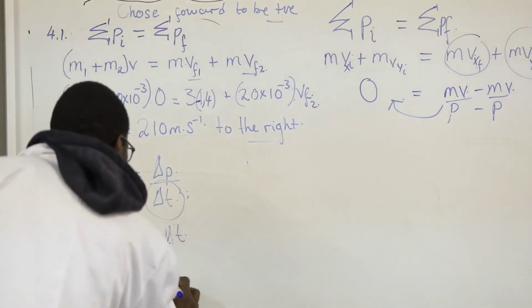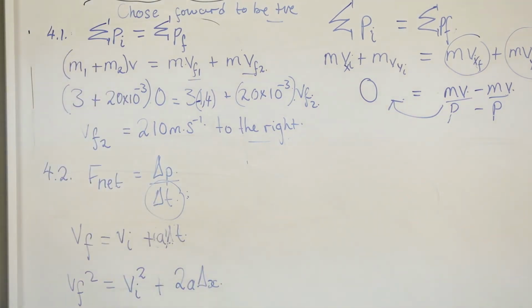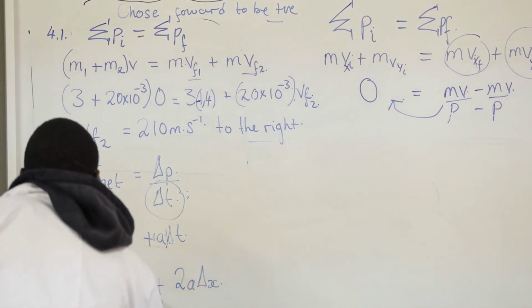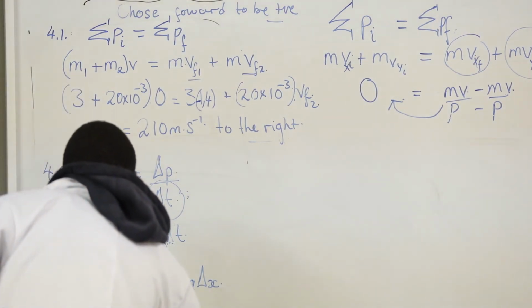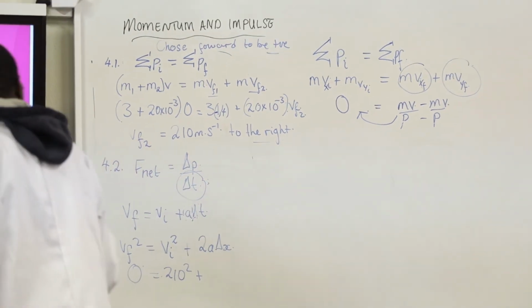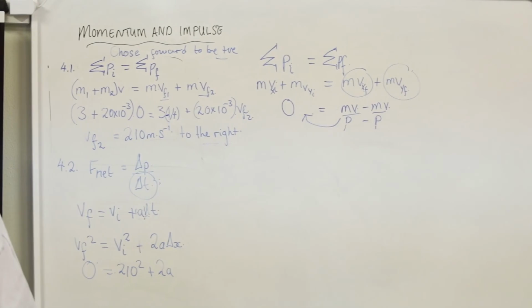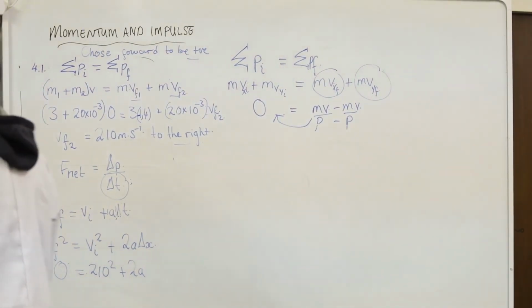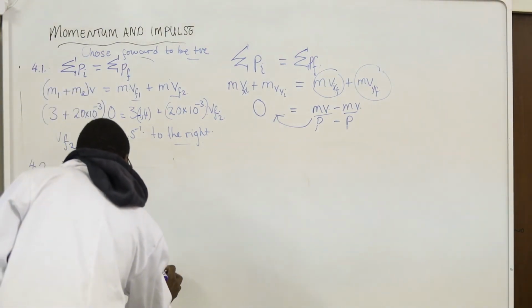Plus 2a times change in x. Okay, so the V initial is 210 squared, plus our acceleration, which we are looking for, 2a, multiplied by the change in y, which is a distance of 0.4 meters.